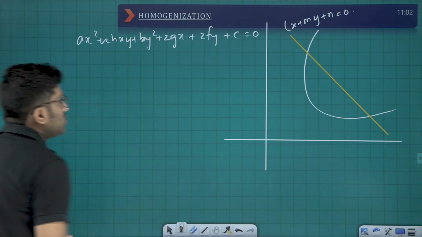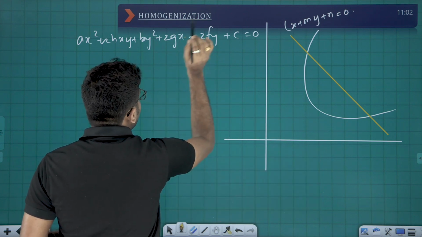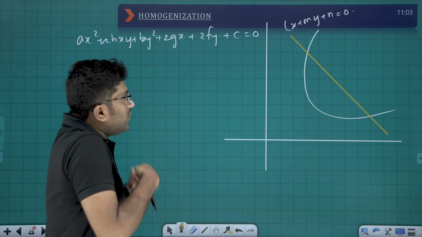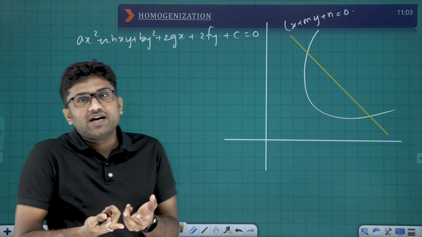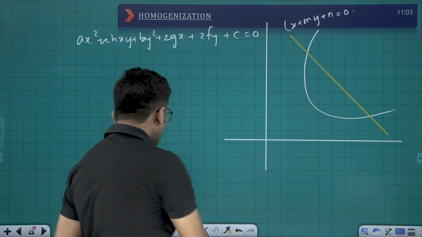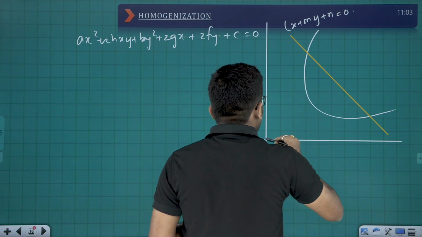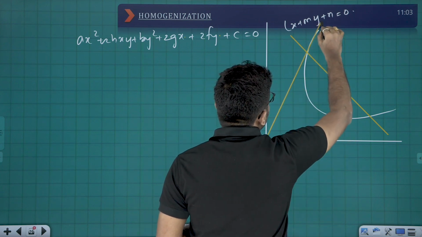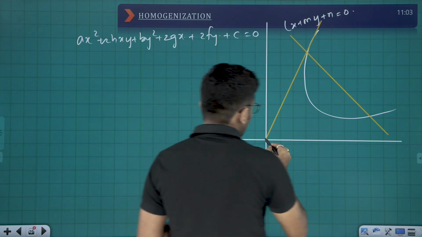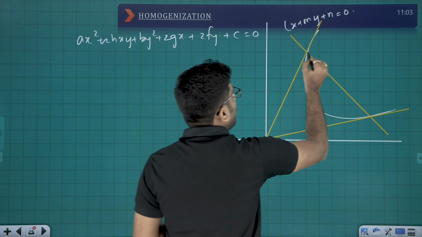So to make it homogeneous, here we need degree 2, here also we need degree 2, and here also degree 2. So we are going to homogenize the given curve with respect to the line. When you homogenize, what do you get? We will get a pair of straight lines passing through the origin and intersecting the given curve at these two points.